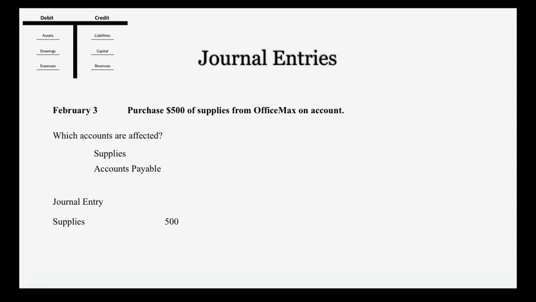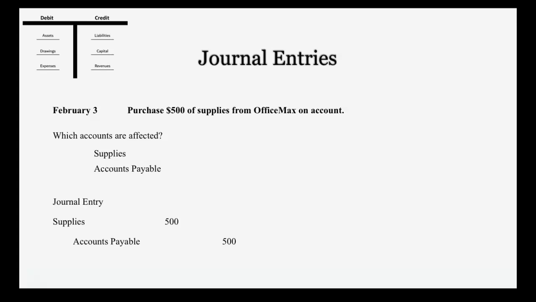So to increase our accounts payable, we see that we would have to credit that account since it's a liability. So in our journal entry, we will indent accounts payable because it is being credited. So we will credit our accounts payable here for $500.